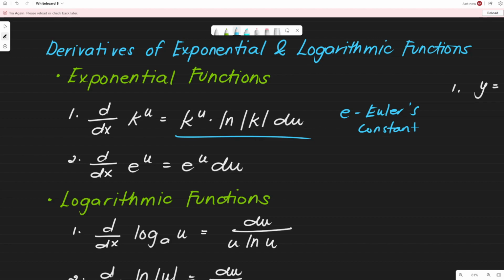Remember guys, ln e is always equal to 1. Hindi naman siya magka-cancel, but rather it will be equal to 1. Kaya siya naging e^u du na lang. Yun yung derivation from the original formula that we have.